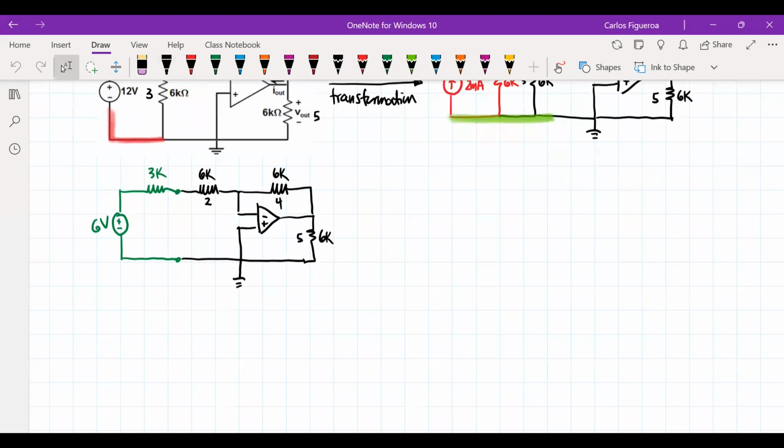I could, because I have those in series and I could keep doing that. But at this point, I think that it's going to be easiest to keep it just the way it is. So what I'm going to do now is calculate vout and iout now. Why? Because I think it's just the easiest.